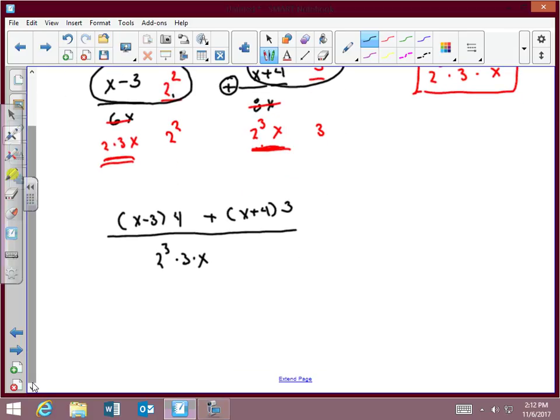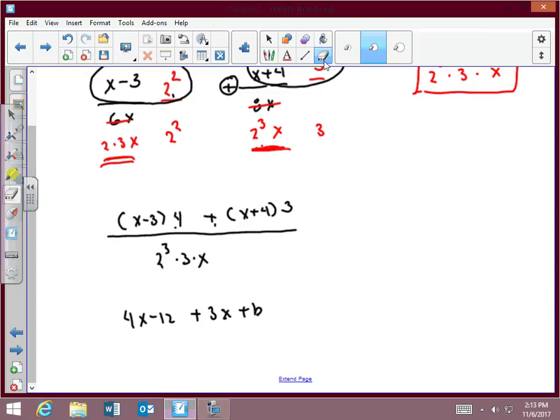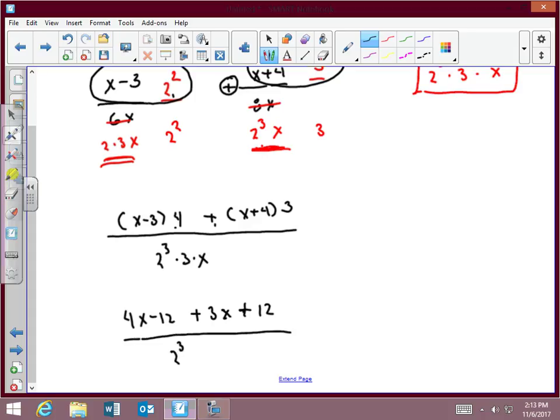Now I have to expand the numerator and bring together like terms. Distribute the 4, so that's 4x minus 12. And then this plus sign means I drop my brackets. Distribute the 3, plus 3x plus 12, and it's all over 2 cubed times 3 times x.